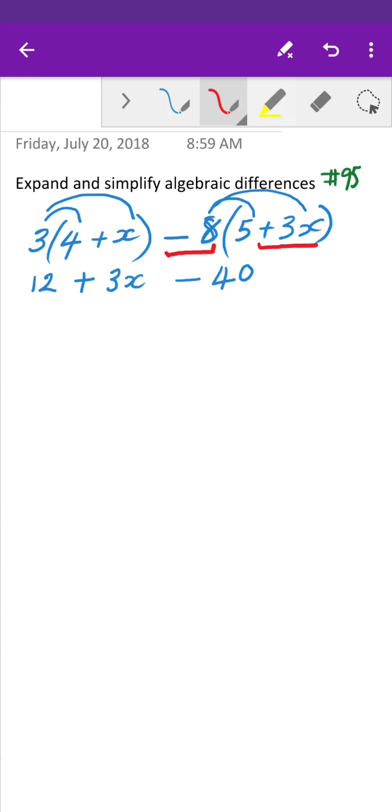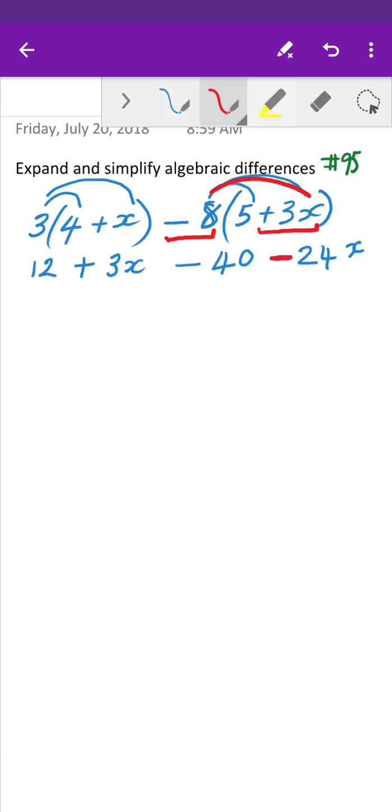When you multiply a negative times a positive, that will equal a negative, so that will be negative 24x. And this is the negative sign where most problems happen, because a lot of people simply put a plus 24x here, and they forget to see that as a negative 8.